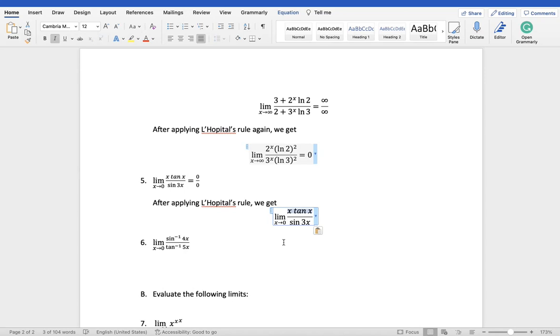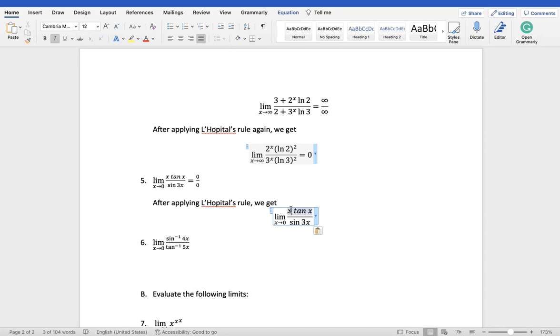Anyone with the solution? Isn't it tan x plus secant squared x times x? Let me write it.